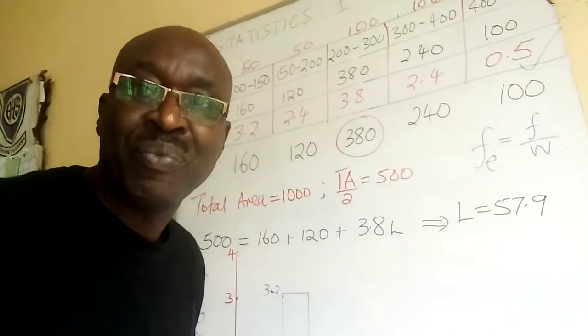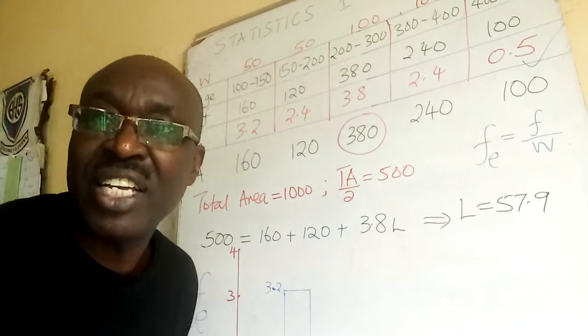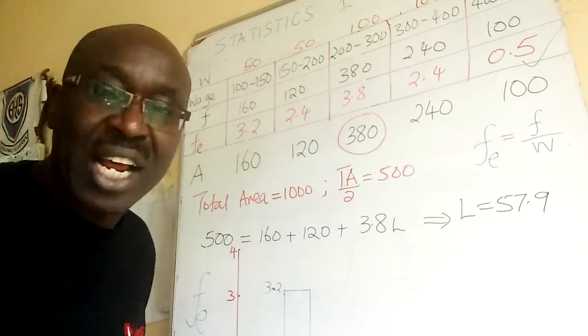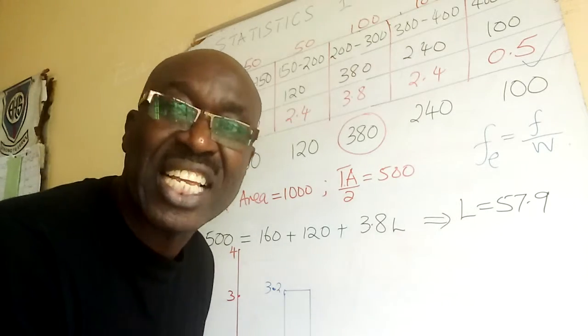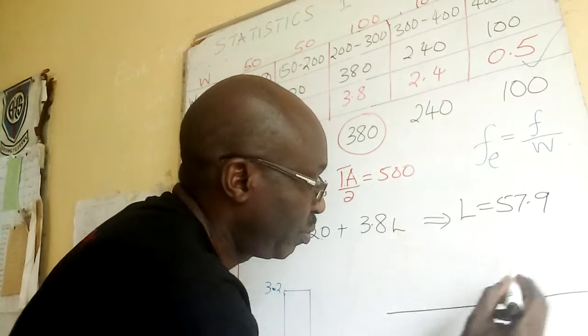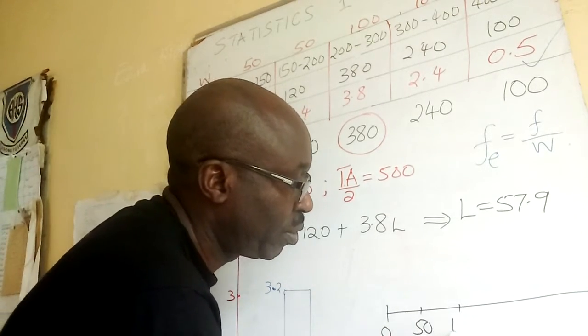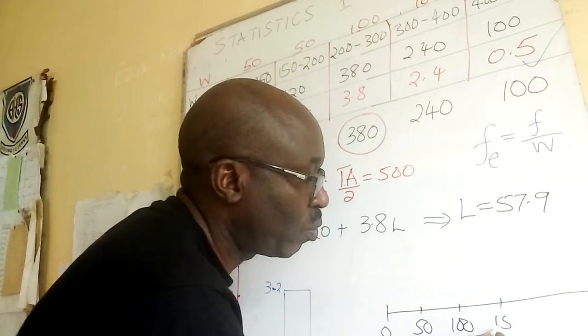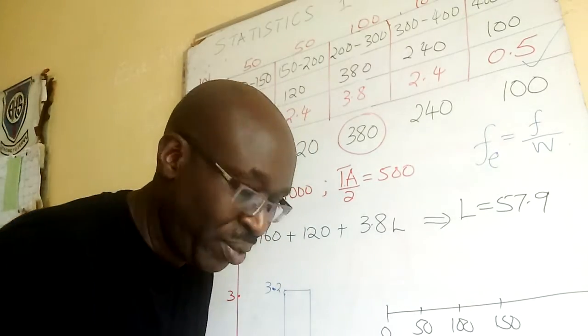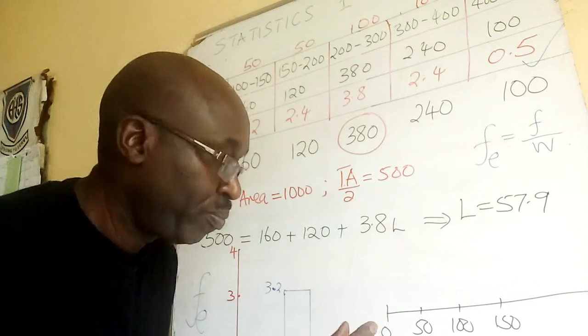If you remember, go by the smallest width. The smallest width we have here is 50. So another student on the x-axis can choose 0, 50, 100, 150, and so on. A simple and uniform scale.